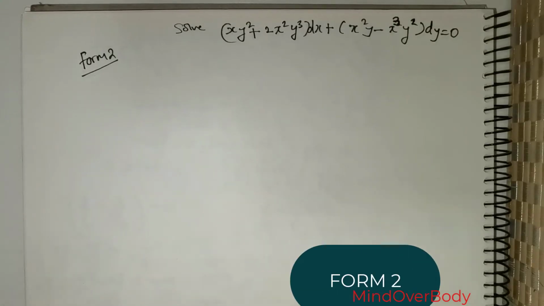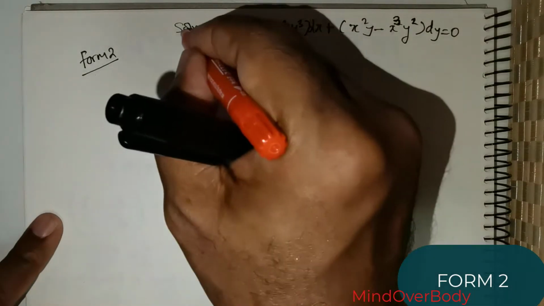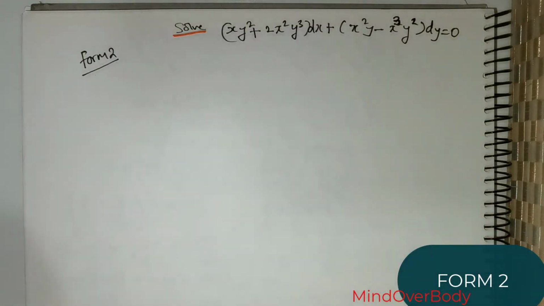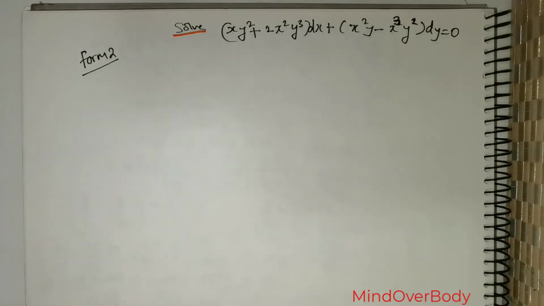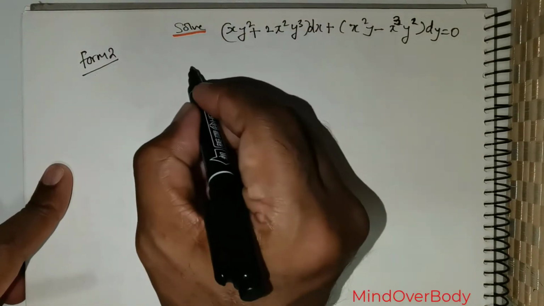Students, we are continuing our study on reducible to exact differential equation, and this particular illustration is of the second form or second variation. So what exactly does this particular variation mean? I'm going to show you with the following understanding.